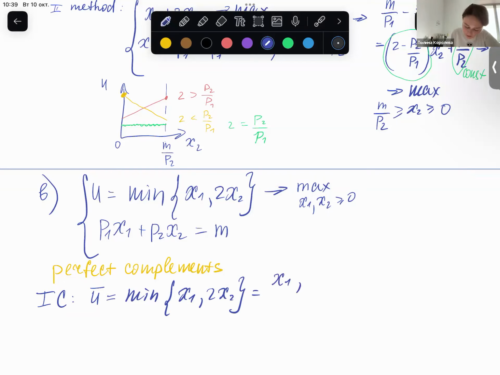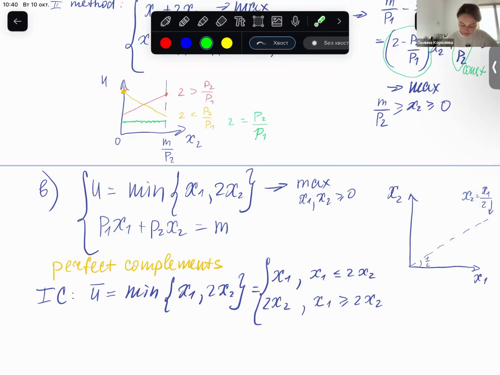And if we consider the area above this line, this is our first case, when x2 is bigger than x1 over 2. To understand this, you can use any point that belongs to this area. For example, x1 equals 5, x2 equals 100.